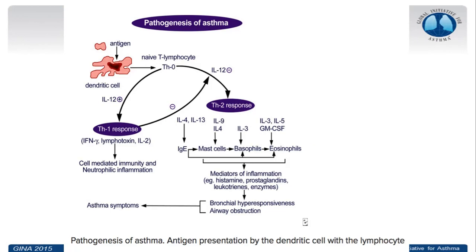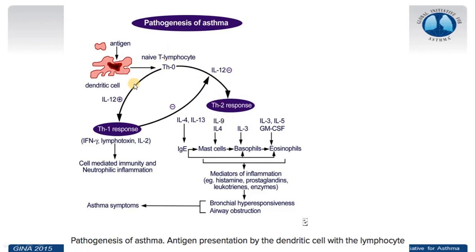The hygiene theory says that people living in developed countries usually have less exposure to helminthic infection, viral infection and pollution. So the naive T cell or Th0 will be shifted toward the Th2 response.